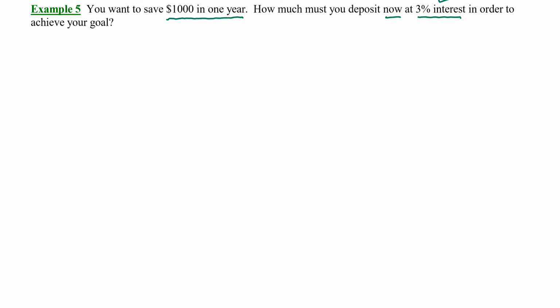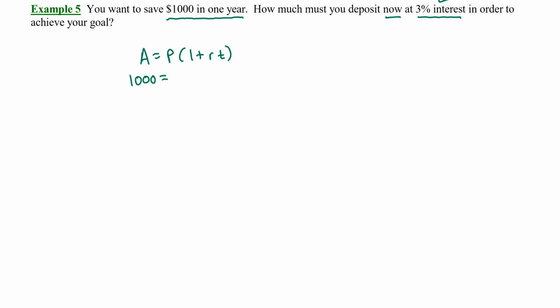What is the present value? Keep in mind, this is a simple interest savings account, so we're using a simple interest future value formula. Just a heads up, we will also have a compound interest future value formula, so we'll want to distinguish between the two. Our goal, the future value that we want to attain, is $1,000.